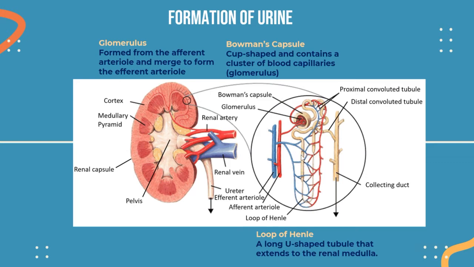After the loop of Henle is the distal convoluted tubule. After the distal convoluted tubule is the collecting duct.